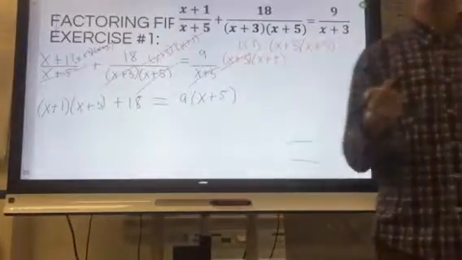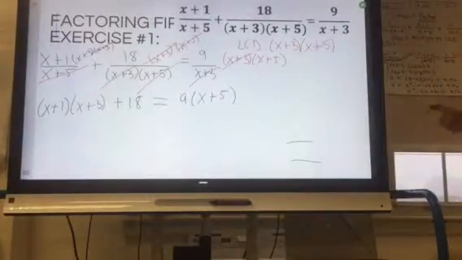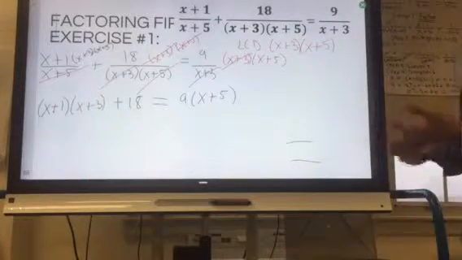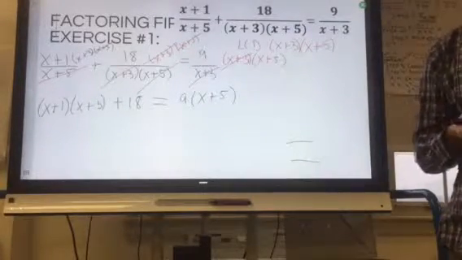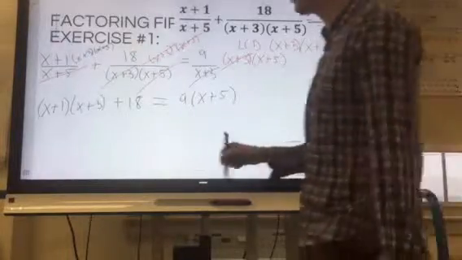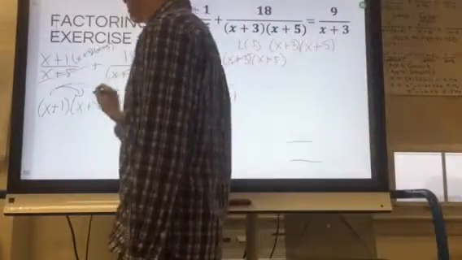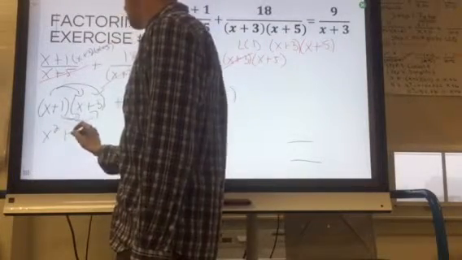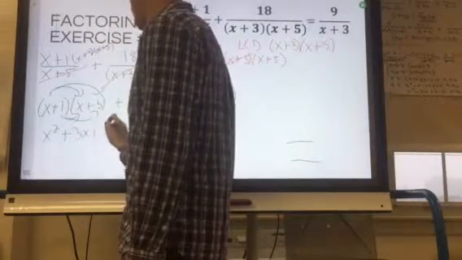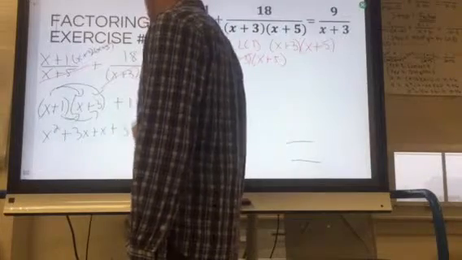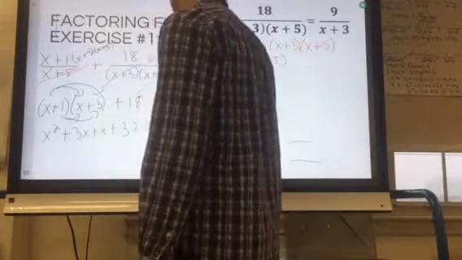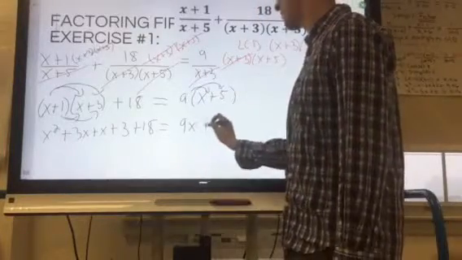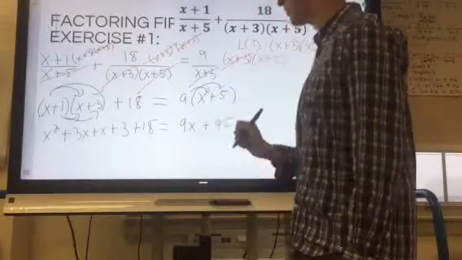Okay, next step. I'm going to start multiplying, distributing, and combining like terms. If you need to pause at this time to catch up, please do so. So I'm going to distribute, which will give me x squared plus 3x plus x plus 3 plus 18 equals 9x plus 45.